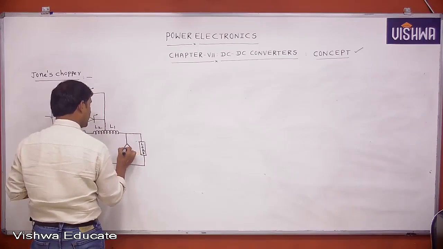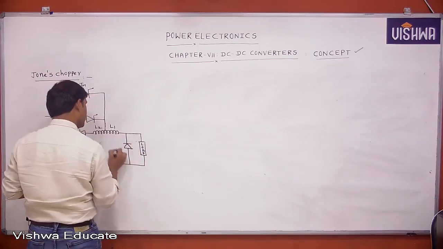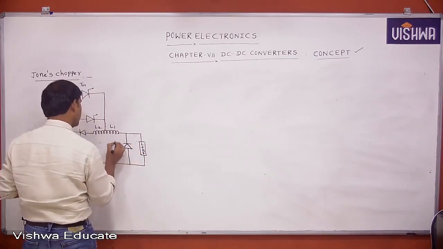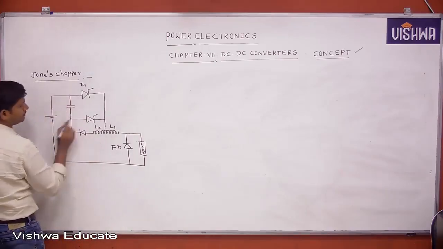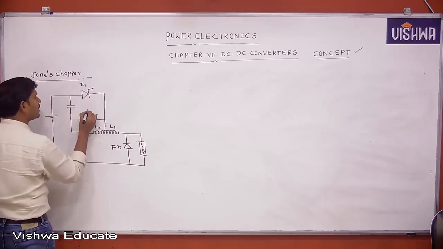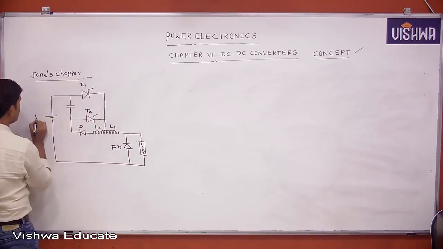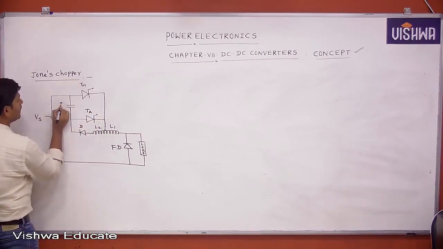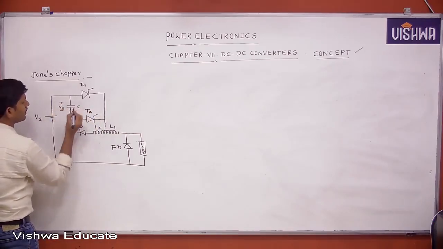This is a freewheeling diode. This is the auxiliary thyristor, and this is the capacitor with plus minus Vs.